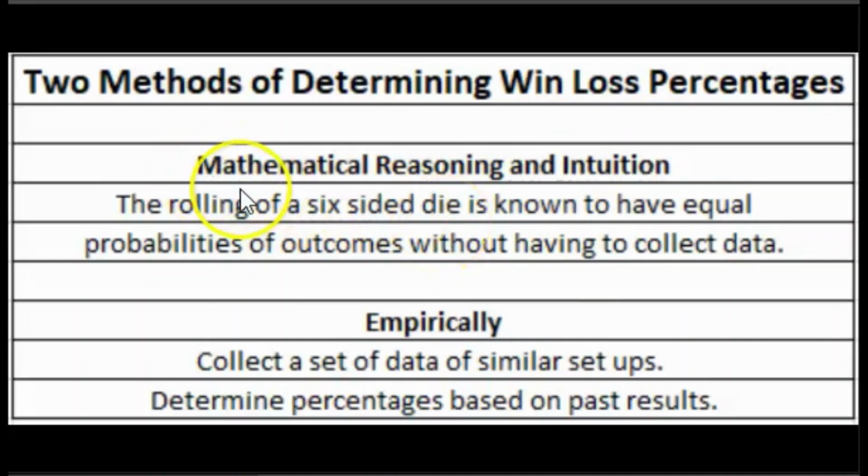As an example of mathematical reasoning and intuition, in the case of the six-sided die, you don't have to roll the die an infinite number of times in order to know that the chances of any given number appearing is 1 out of 6. And then as far as empiricism is concerned, one would have to collect data of similar setups and determine percentages based on the past results.